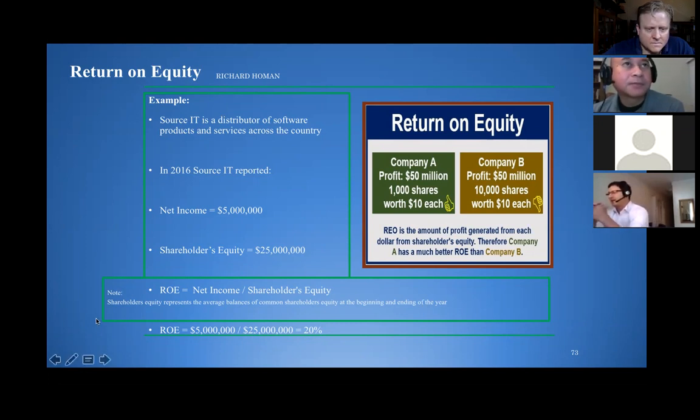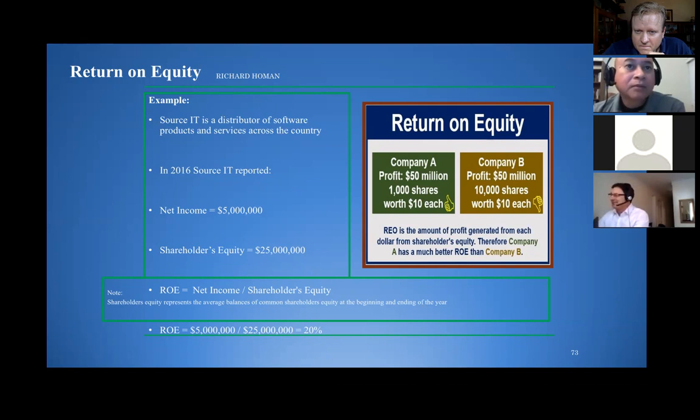On the right side of the slide, we've got an illustration, and it shows that Company A has a profit of 50 million, and Company B has the same profit of 50 million. You can see also that one company has 1,000 shares, the other company has 10,000 shares. In both instances, each share is worth $10, so it would be a great buy.